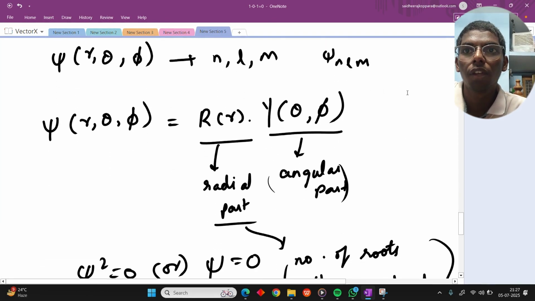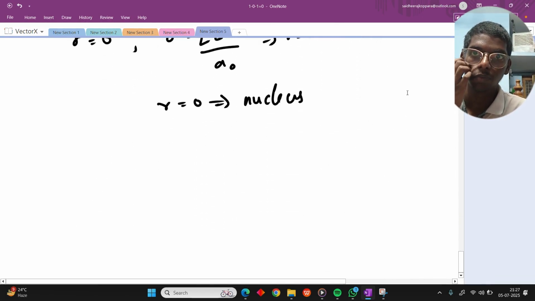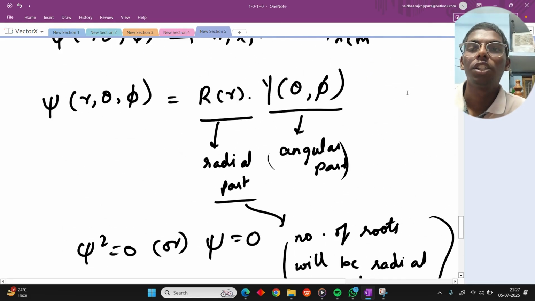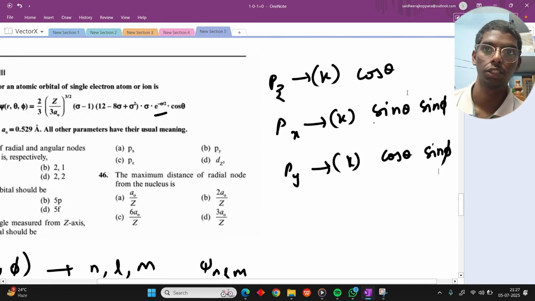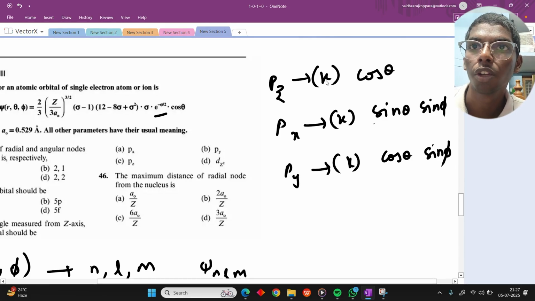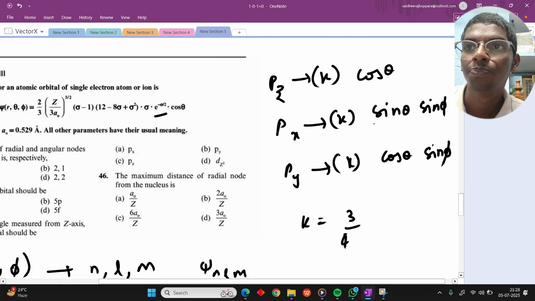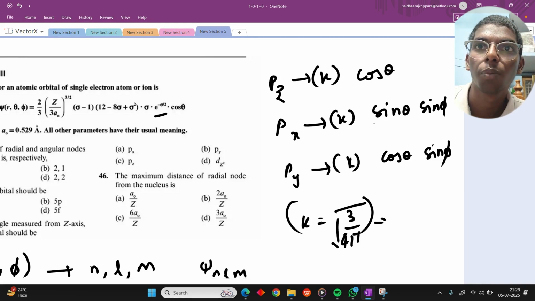And for your py, it's k times cos theta sin phi. These proofs are actually there in your further classes. If you study more, you can find these proofs in some of the good books like D.A. McQuarrie, or Peter Atkins. In those books, you can find the proof for this.